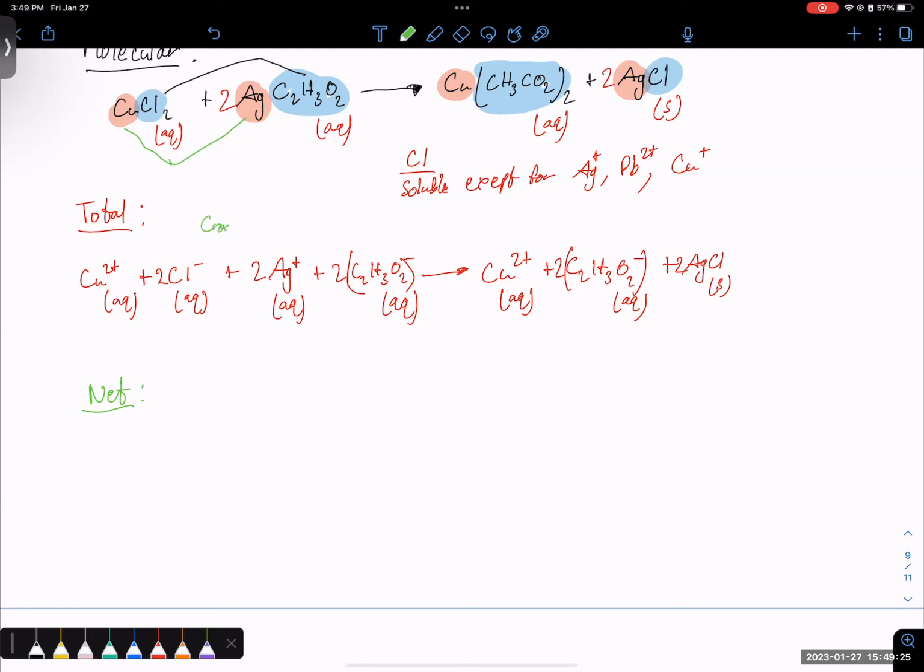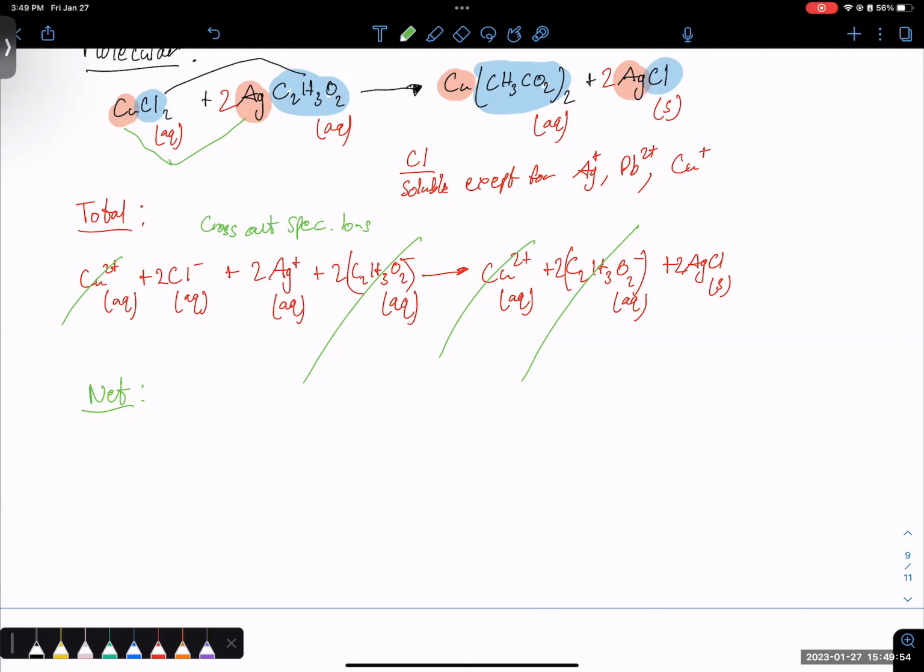So cross out spec ions. What are my spectator ions in this reaction? The ones that aren't involved in the AgCl. Copper and acetate. So bye-bye, goodbye, good riddance, see you later. Those are all my spectator ions that I've crossed out.